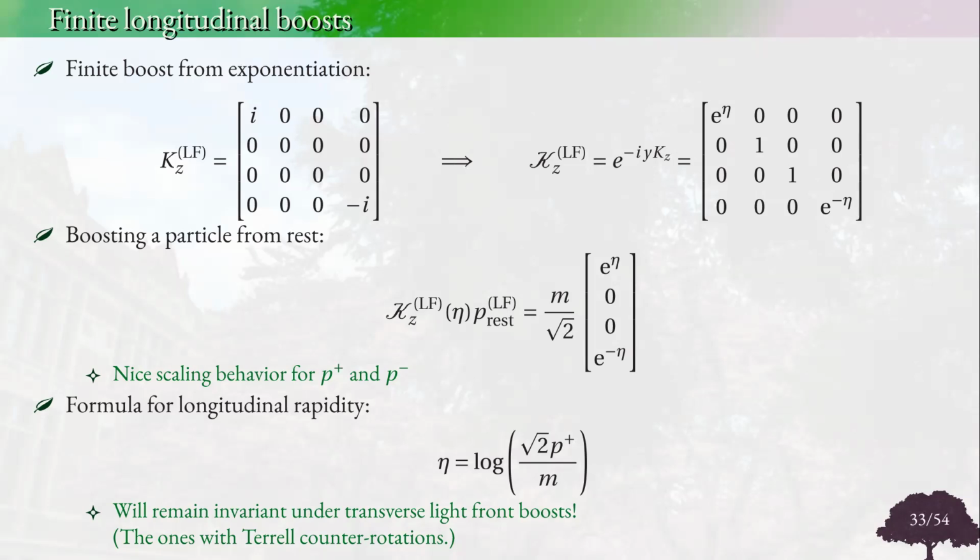Another interesting thing is that if you're in instant form coordinates, then P0 is your energy. And when you boost to infinite momentum, P0 becomes infinite as well, so your energy becomes infinite. If you boost to infinite P plus, then P minus scales the opposite way and actually goes towards zero.